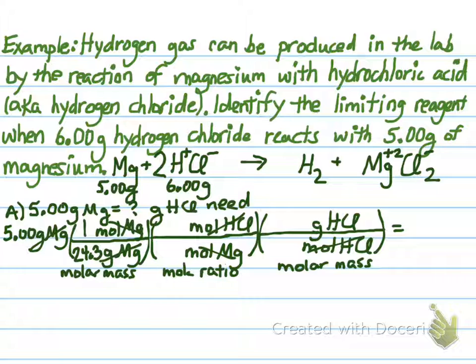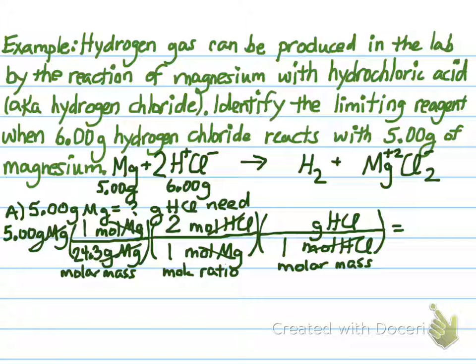Mole ratio. My mole ratio numbers come from my coefficients in my balanced equation. So my coefficient on hydrogen chloride is 2, and on magnesium it's 1. And molar mass again, the number in front of moles is 1, and the number in front of grams comes from our periodic table. So we said magnesium was 24.305, and hydrogen is 1.0079, and there's just, I don't want magnesium.